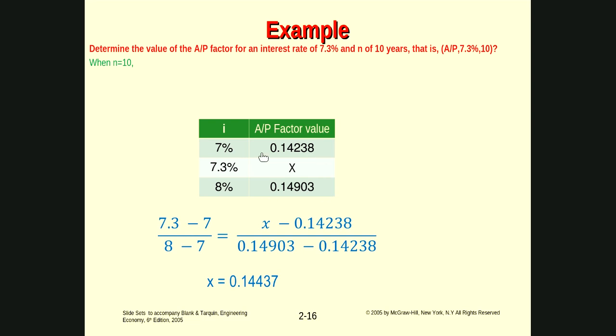So don't use 0.14 here and then use 0.15 or 0.149. Either you use the complete value, and I prefer the complete value, because the table changes in some of the 100 digit format. Okay.